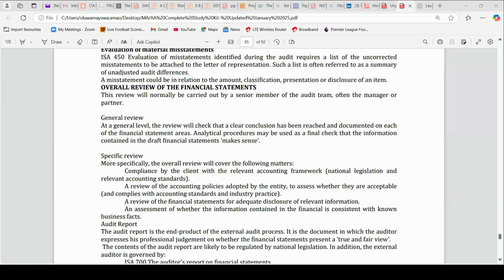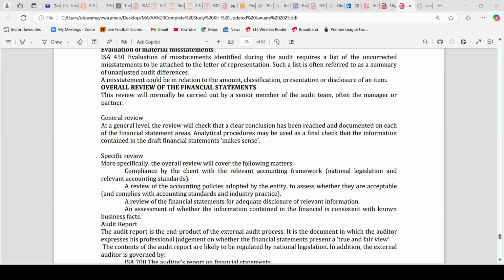So fraud is an intentional act to falsify the figures of the financial statement. It could be a deliberate act to use a wrong accounting policy. It could also be misappropriation of assets and you record it wrongly in the financial statement. The underlying difference between fraud and error is that fraud is intentional and error is unintentional.